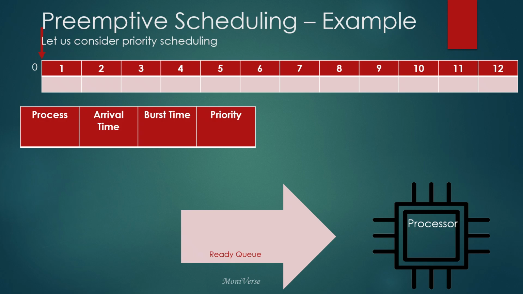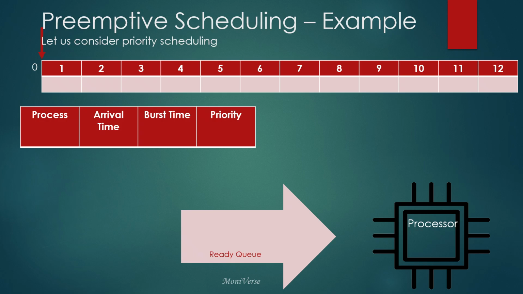So in the previous slides, we saw what is non-preemptive. To get a better understanding, we should also know what is preemptive scheduling. Preemptive is while a process is running in the processor, another process comes inside the ready queue. The second process which is entering will have higher priority, or it will have some emergency that it has to run immediately.